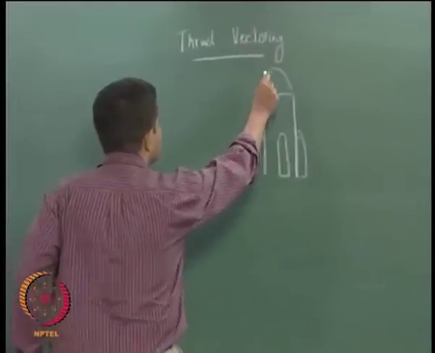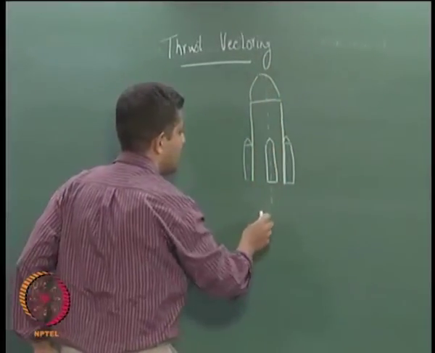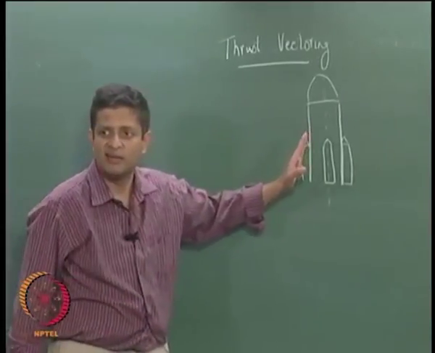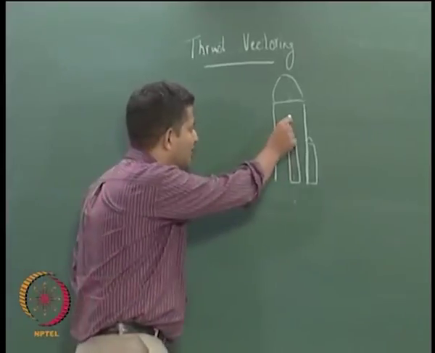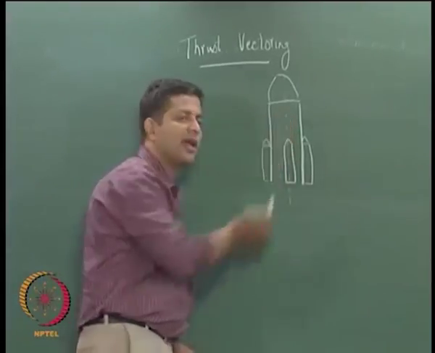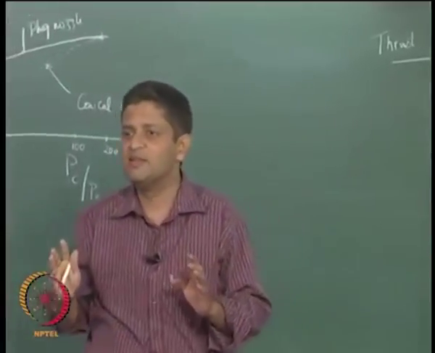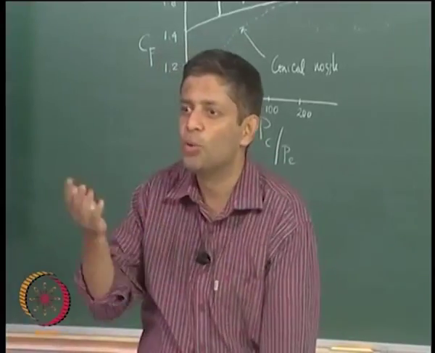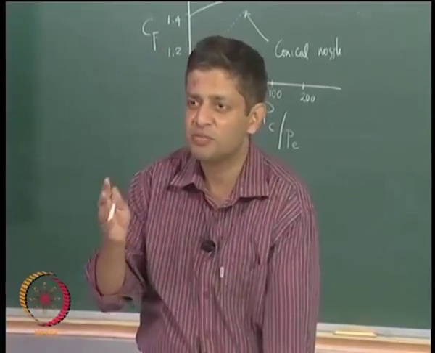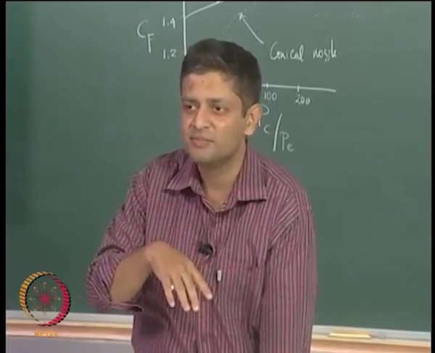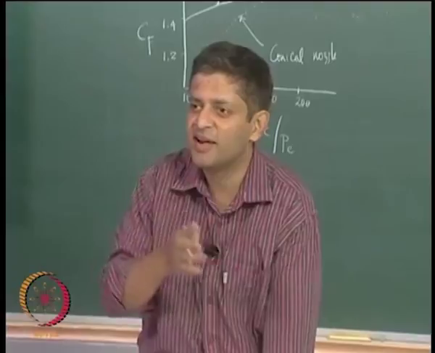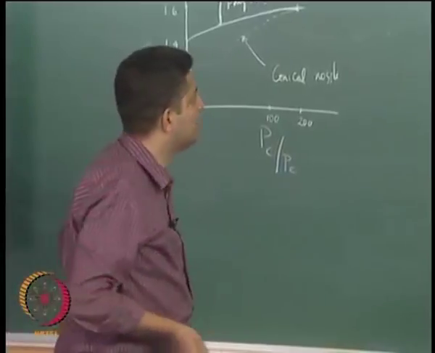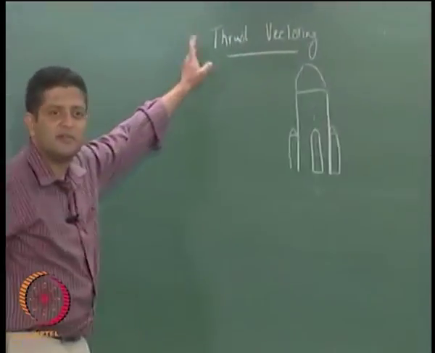So if this is the axis, then the thrust produced is not parallel to it, but at some angle, right. So if all of the thrust vectors meet at some common point on the axis, then it is perfectly balanced, otherwise there is some imbalance and you need to have a counter force to overcome this, right. You need to have a control force capable of overcoming this, otherwise the vehicle could veer in a direction that is not intended. So for all these things you need this thrust vectoring, okay.